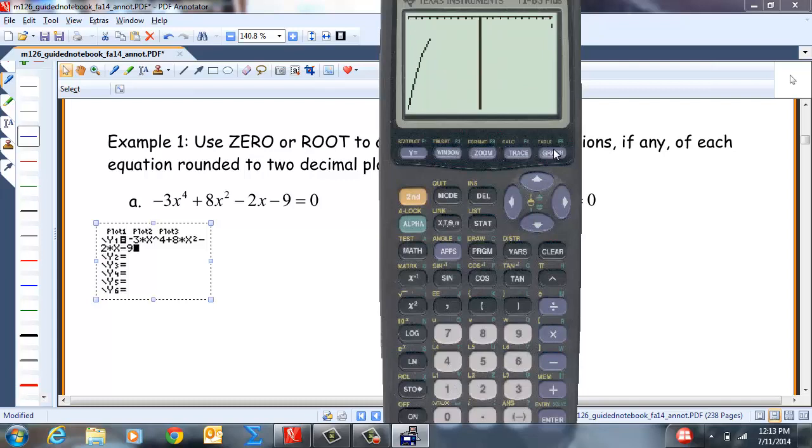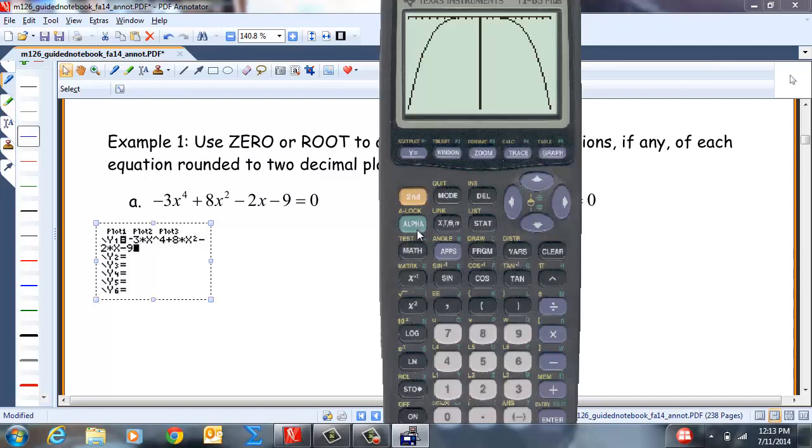Graph it again. And the y values are so huge, so it looks like it's touching the axis here. Do you see that? I don't think it is, but I'll walk you through how to find out if it is or not.